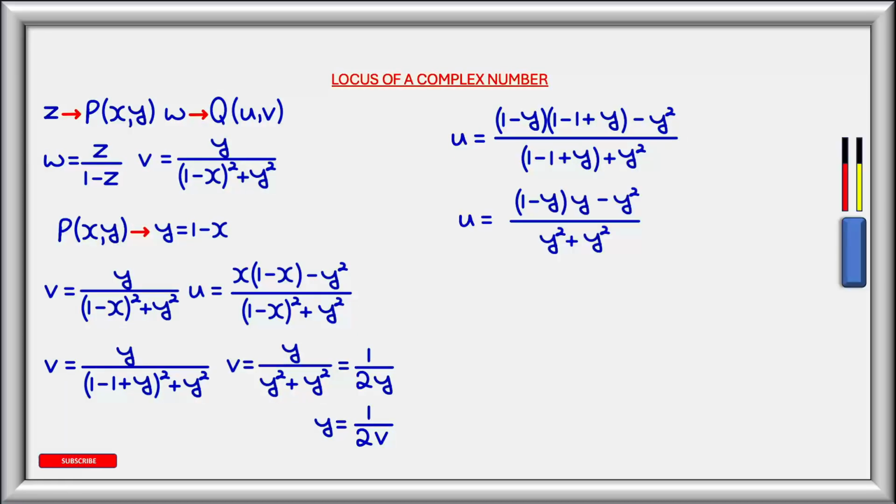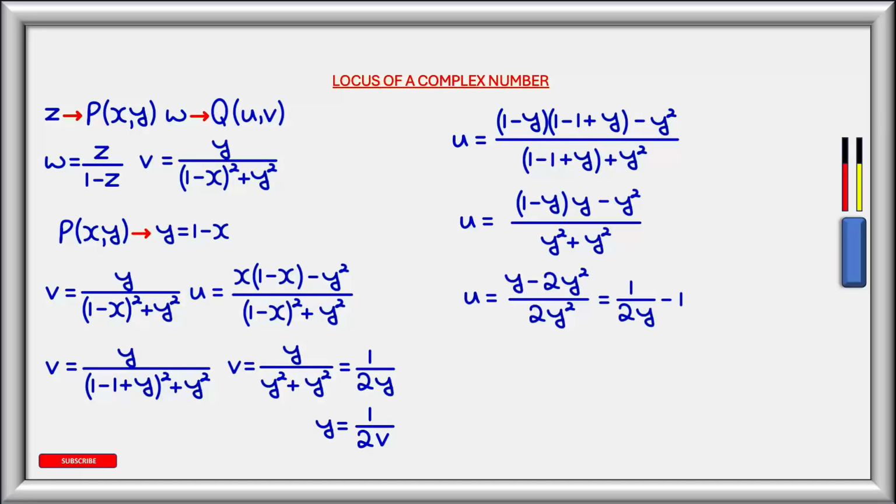And simplifying this gives u equals 1 minus y multiplied by y minus y squared divided by y squared plus y squared. And simplifying this gives u equals y minus 2y squared divided by 2y squared, which is equal to 1 divided by 2y minus 1.